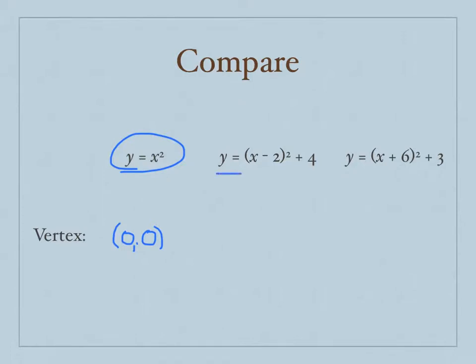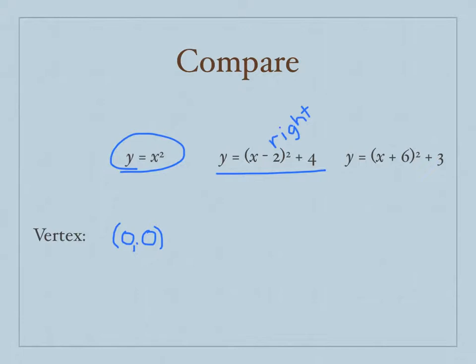So when we look at this one, this may have been one of the exact ones from your activity yesterday. I don't remember. But what you should have found is that something like this minus 2 would have moved your parabola right 2. Okay, so that minus 2 in the parentheses would move you to the right.